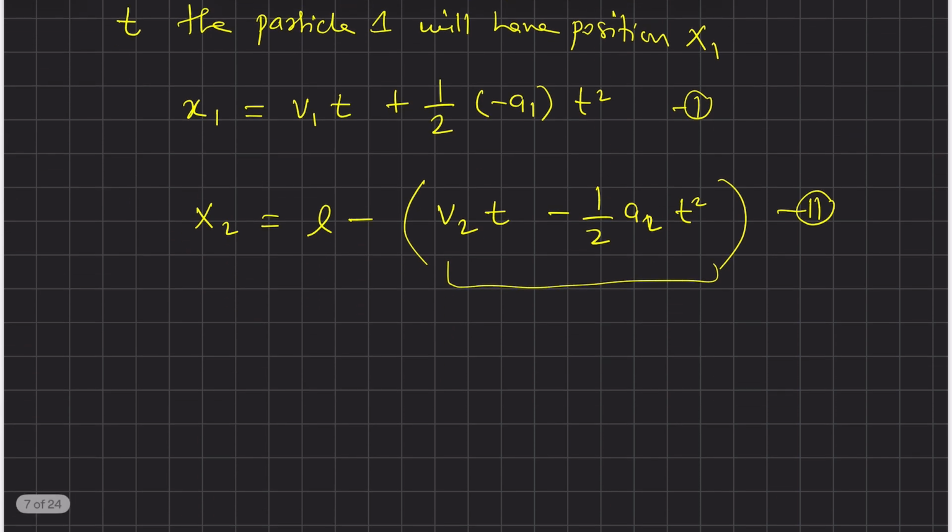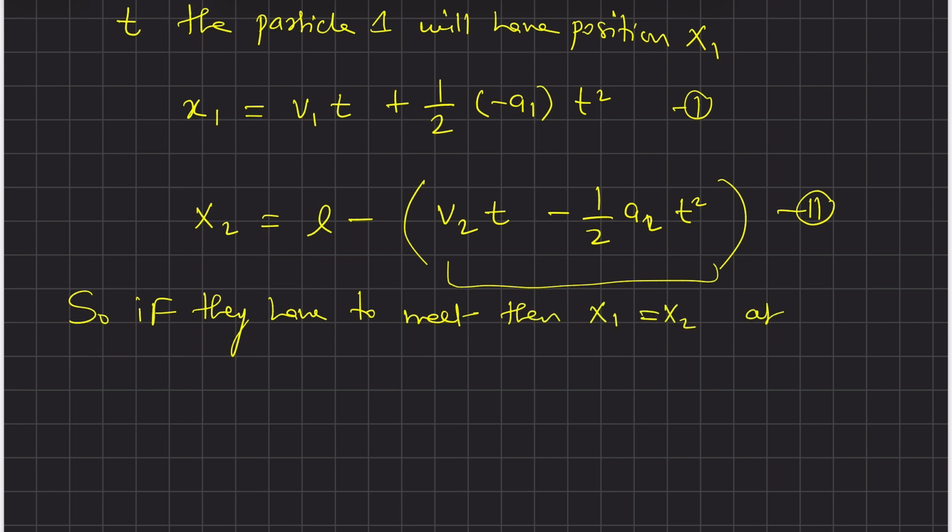Now if you see, from these two equations, we can say that if they had to meet, then x1 should be equal to x2. That is the condition. Whenever they are going to meet, x1 should be equal to x2 at t equal to t.